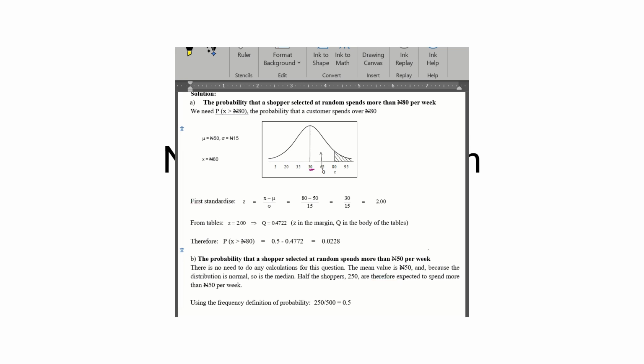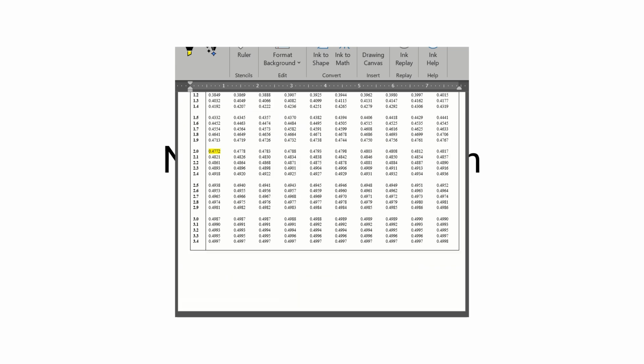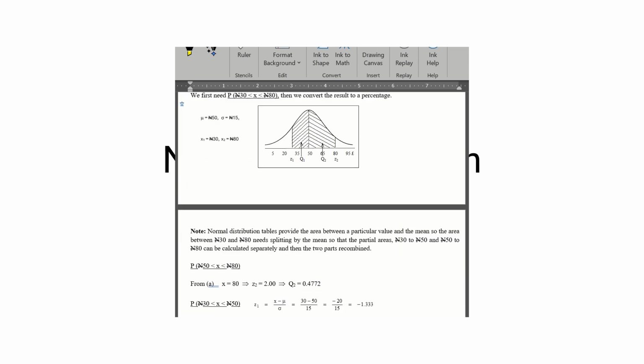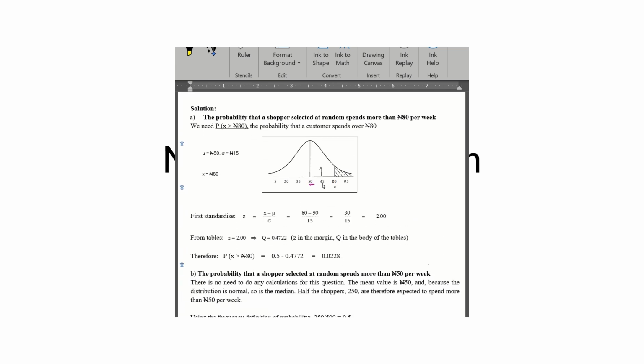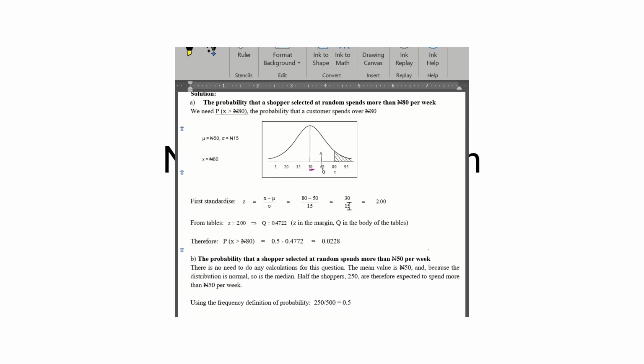So the mean is 50, the standard deviation is 15, and the x we are looking for is 80. So we say 80 minus 50 all over 15, you have 2. So when you go to the table, you check 2 under 0, you have 0.4772, and that is all for that question.